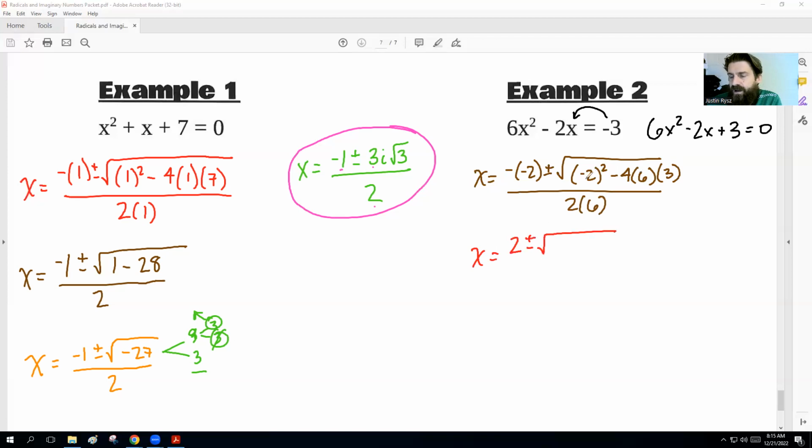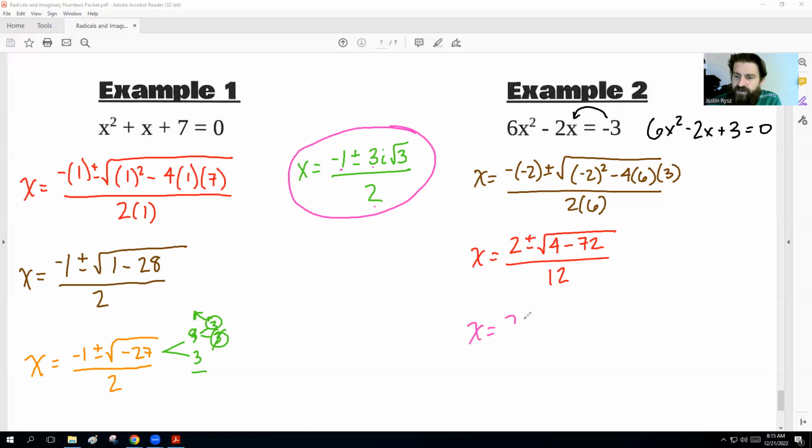Plus or minus the square root of negative 2 squared is a positive 4. Minus 4 times 6 is 24. 24 times 3 is 72. All over 2 times 6 is 12.